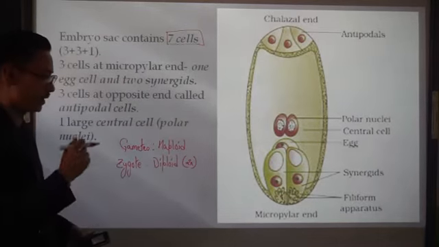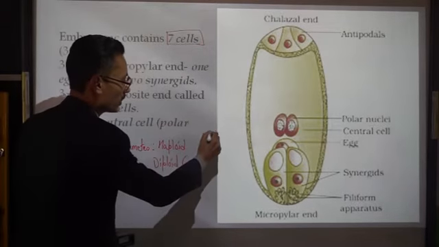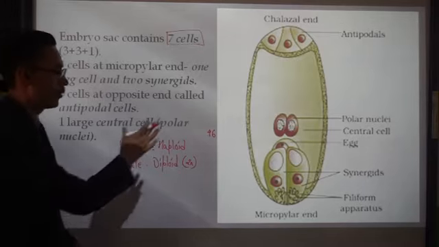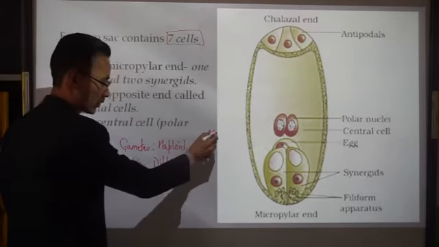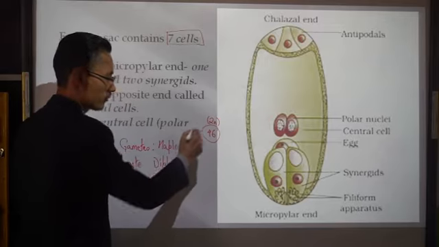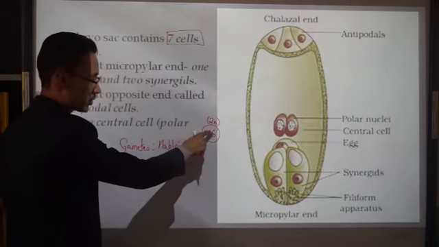Now, for example, consider that we human beings have 46 chromosomes. So we have the complete set of chromosomes. So we are diploid, clear, having 46 chromosomes, 2N.